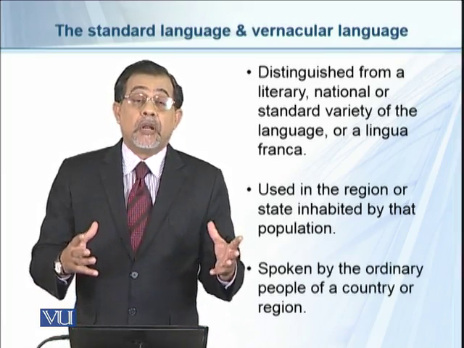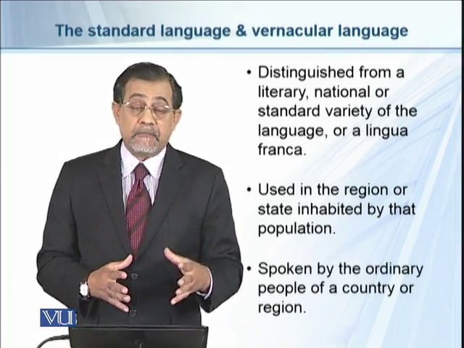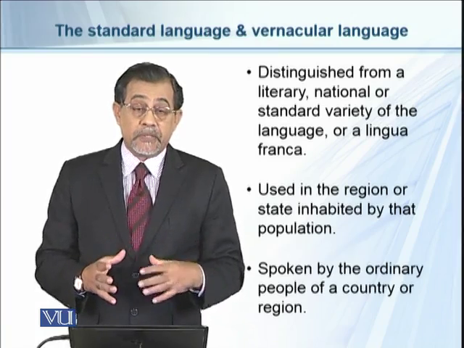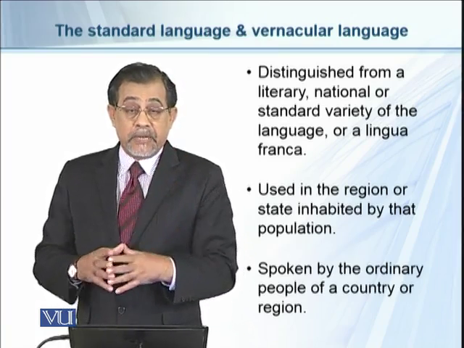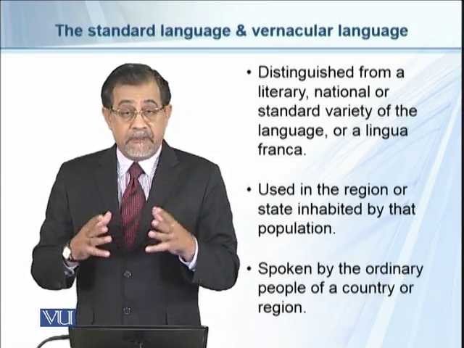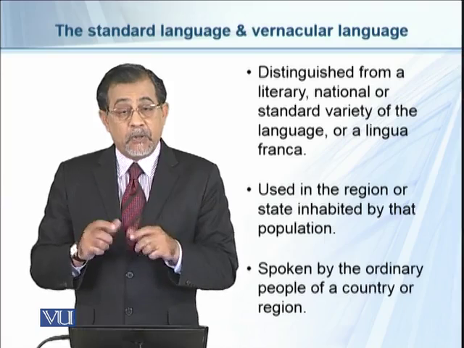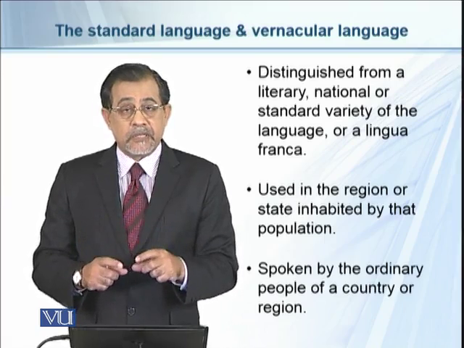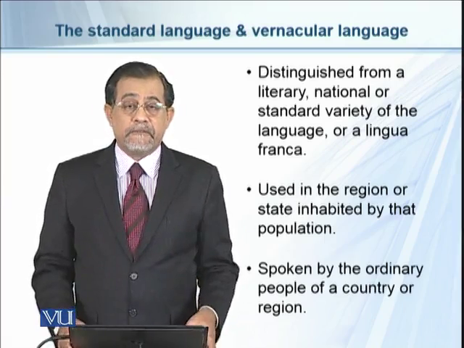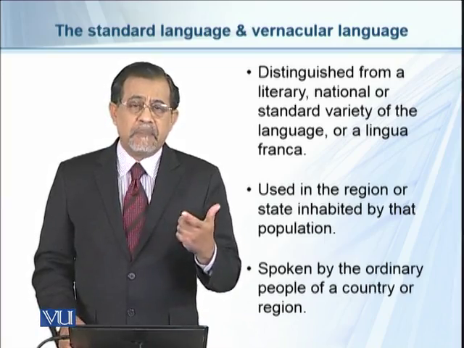So, ordinary people use this language. So, there is a difference: standard variety has no region, whereas vernacular variety has a region, and it is used by people of a certain group living in a certain area. So, these are two different varieties of the same language.